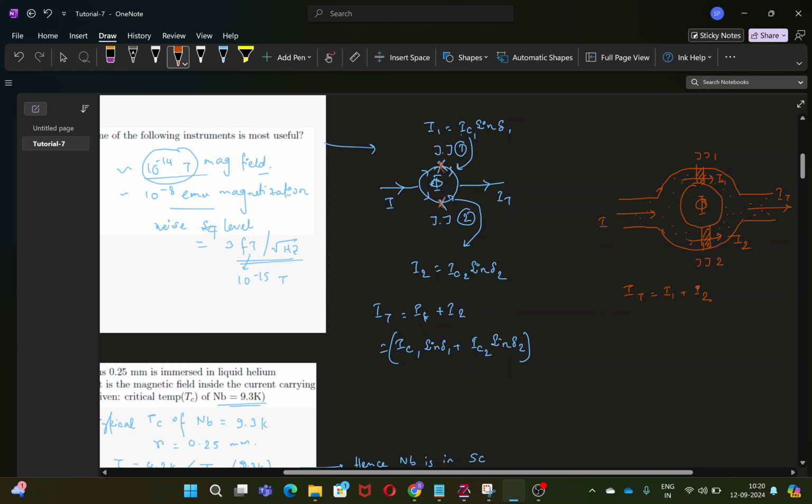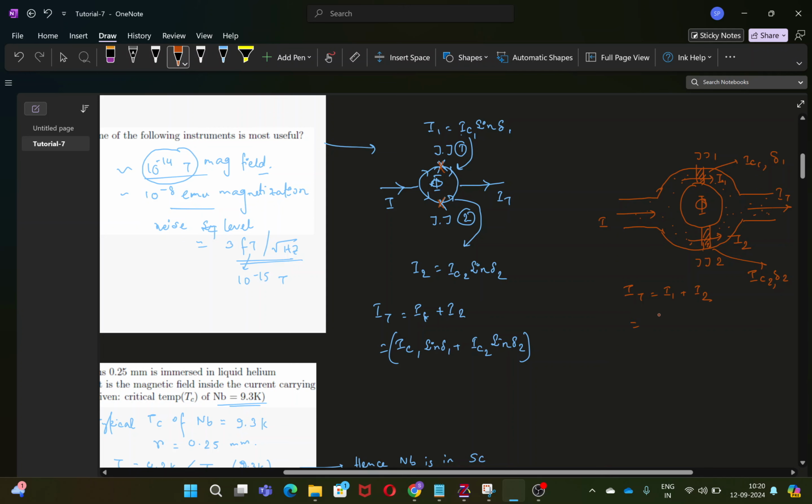Now you know from the Josephson junction, for a single Josephson junction, the tunneling current is given by I equal to IC sine delta, right? So for Josephson junction 1, the critical current is IC1 and the phase difference is delta 1. Similarly, for Josephson junction 2, the critical current value is IC2, let's say, and the phase difference is delta 2.